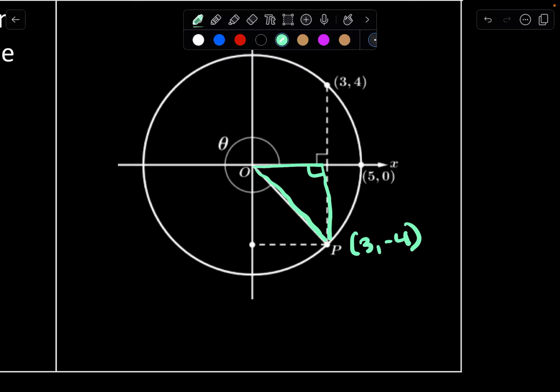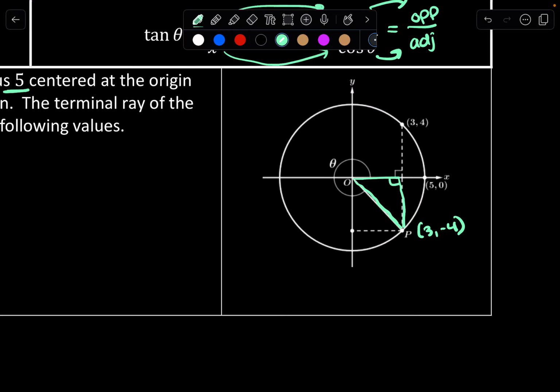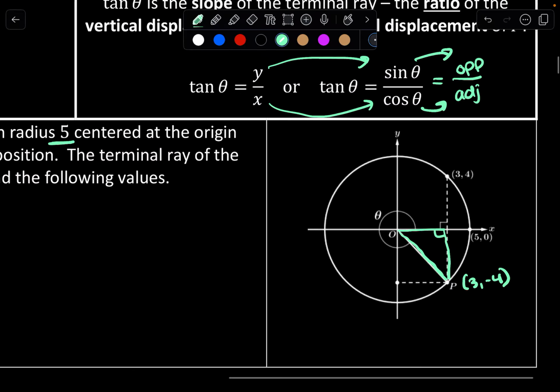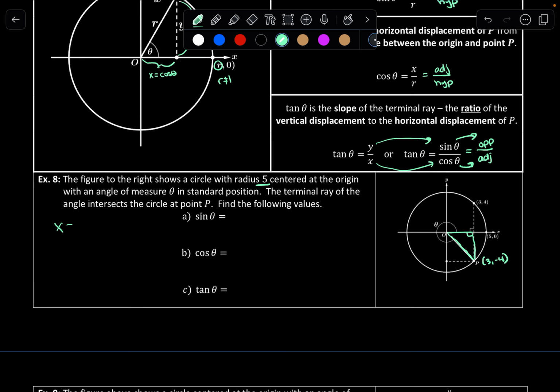And this is our right triangle. So we have coordinate point (3, -4). And we talked about a few things meaning the same thing. So my x in this case is equal to 3, which is also going to be the adjacent side for that triangle.